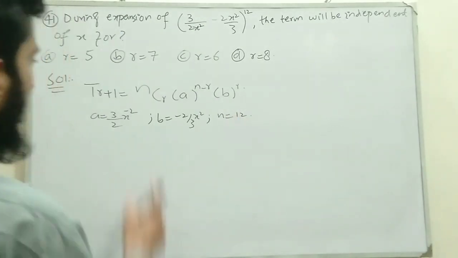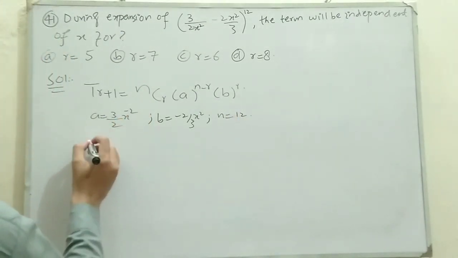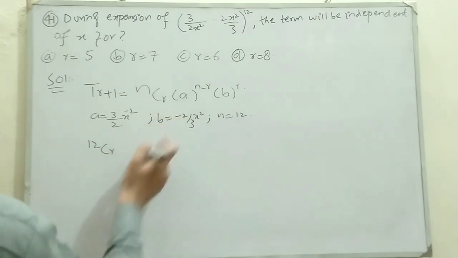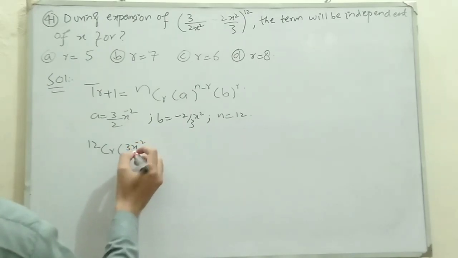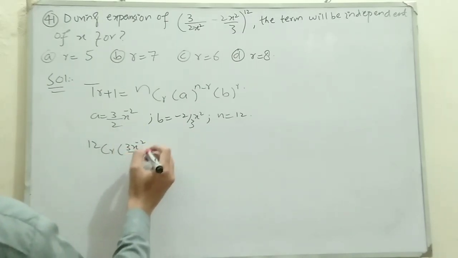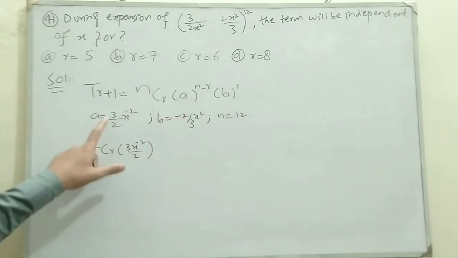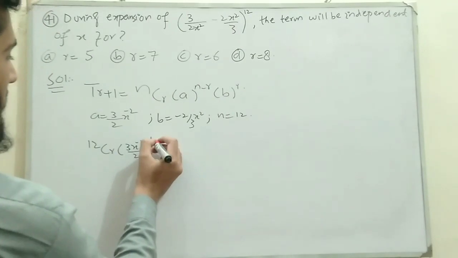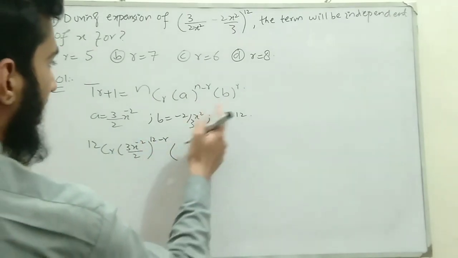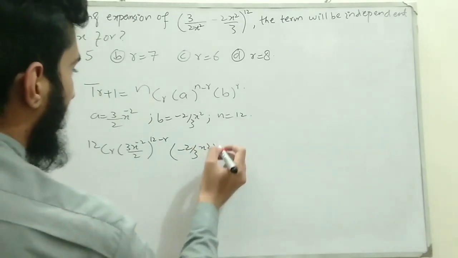So using these values, it becomes 12Cr times (3 by 2 x power minus 2) power 12 minus r, times (minus 2 by 3 x square) power r.